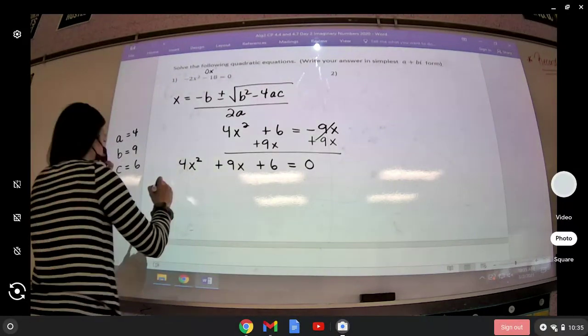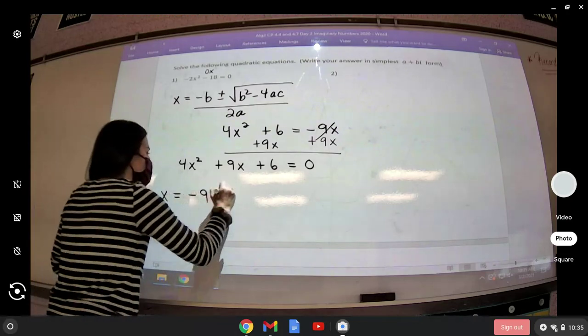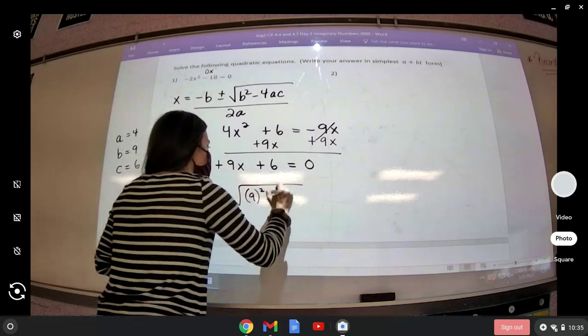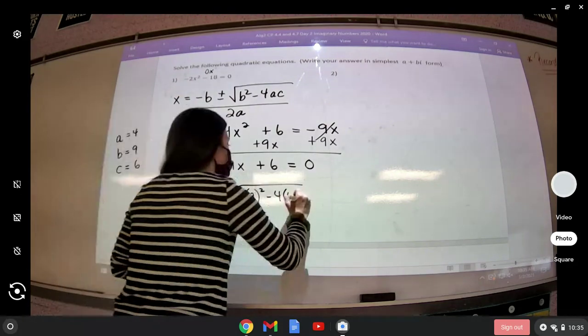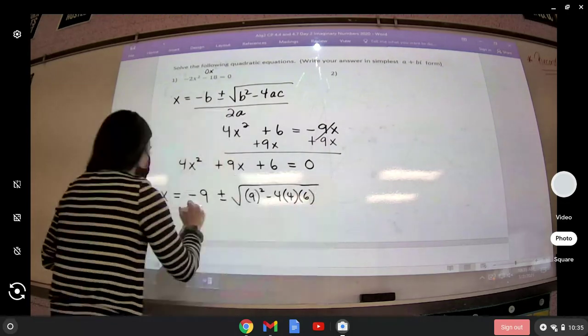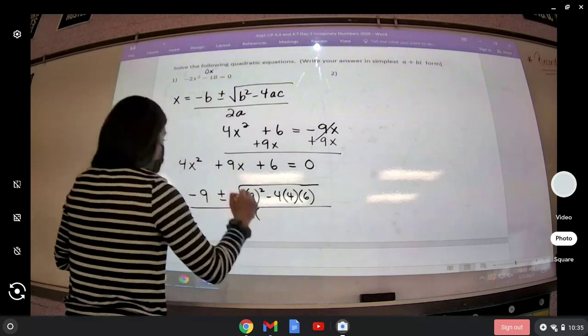Everybody plug them in. X equals the opposite of B, negative 9, plus or minus the square root of 9 squared, minus 4 times A, which is 4, times C, which is 6. And then it's all going to be divided by 2 times A, which is 4.